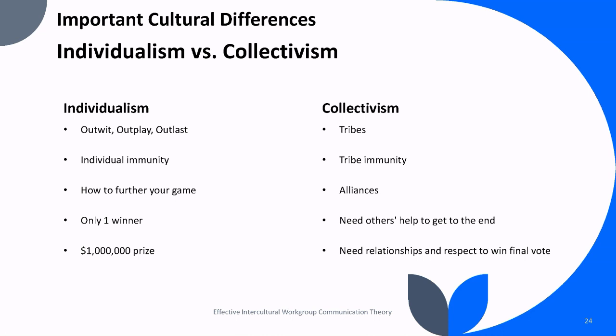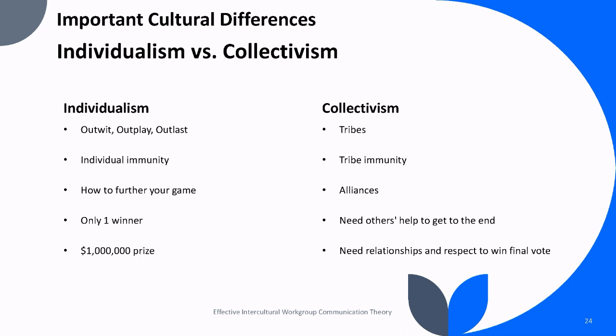It's the individual. Yet there is this idea of collectivism. Immediately, all 18 are put into tribes. There are 3 tribes during this season. We'll look at that in just a moment. Within those tribes, there is tribal immunity, so each tribe is competing against the others. But within each tribe, you're going to have these in-groups, these alliances, and they need each other.